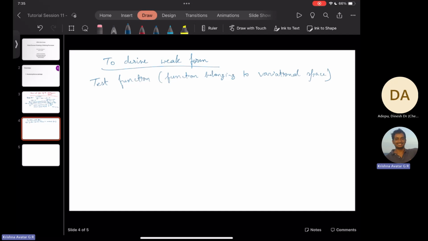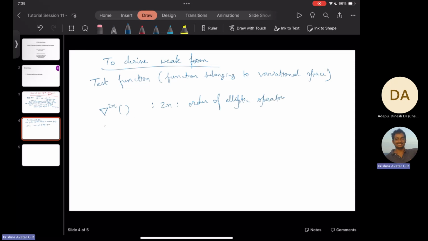So ideally, say if our elliptic operator is of order 2n, then this 2n will be the order of the elliptic operator.